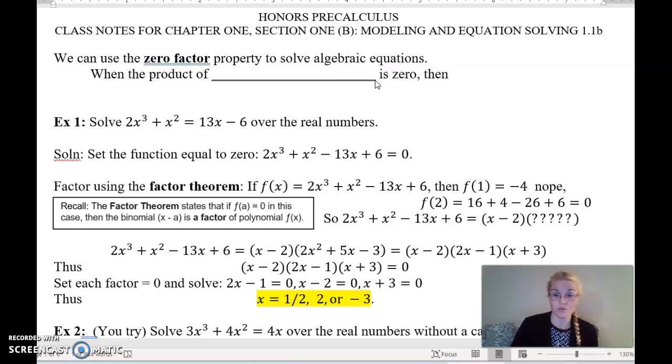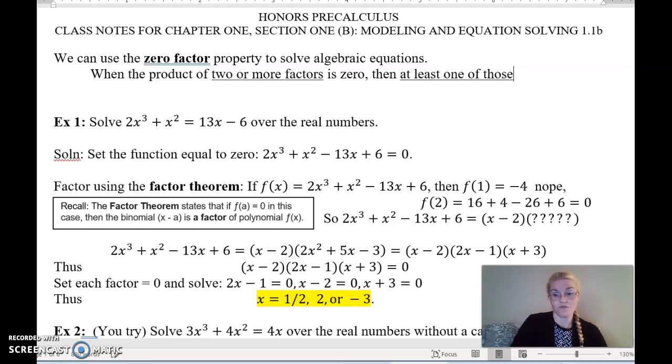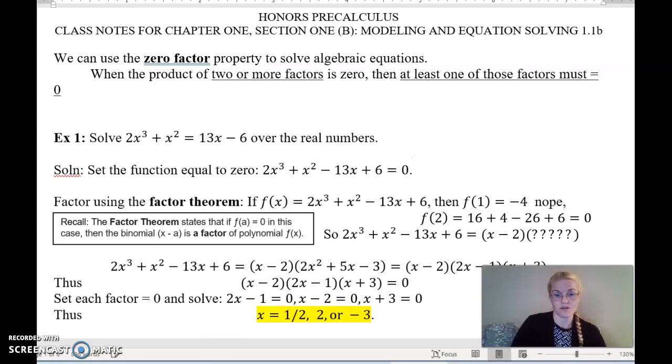is the zero factor property, which says when the product of two or more factors is zero, then at least one of those factors must equal zero.